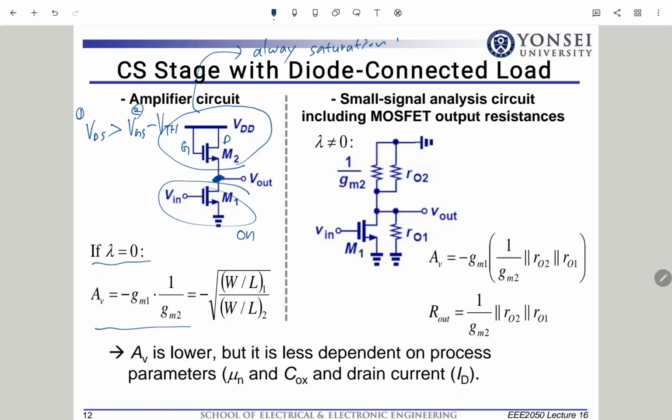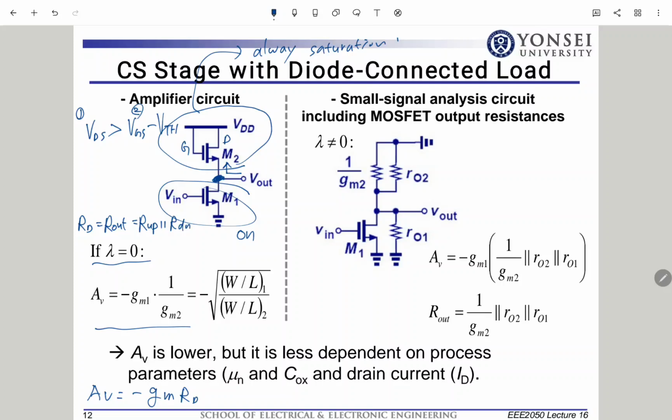Okay, why? So here, what is RD? The voltage gain for common source stage is negative gm times RD, right? What is RD here? RD is R out, right? R out is equal to R up in parallel with R down.